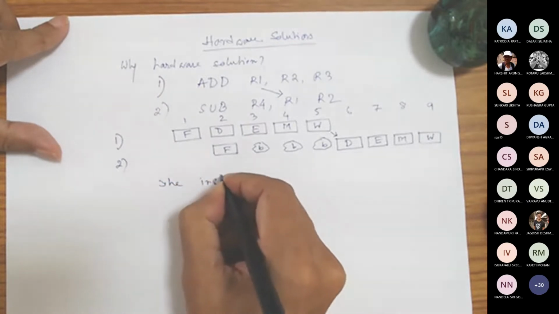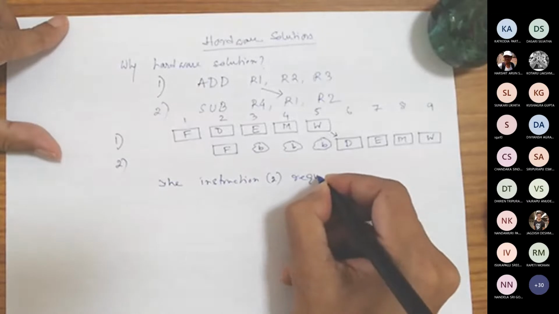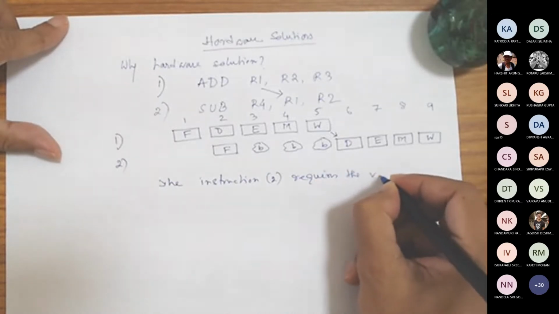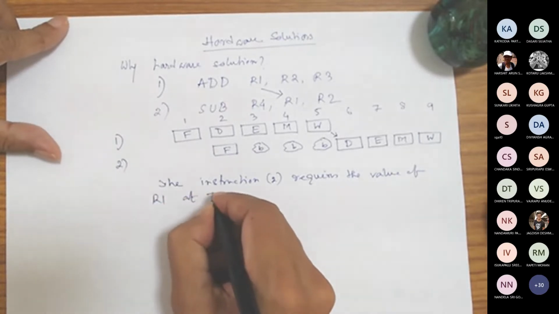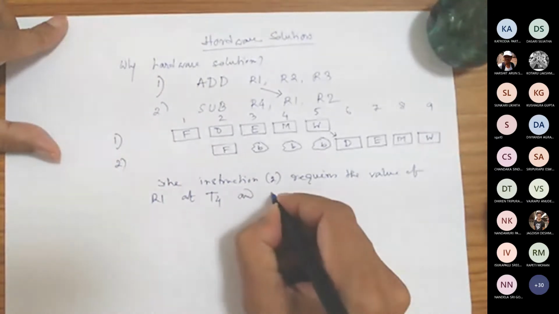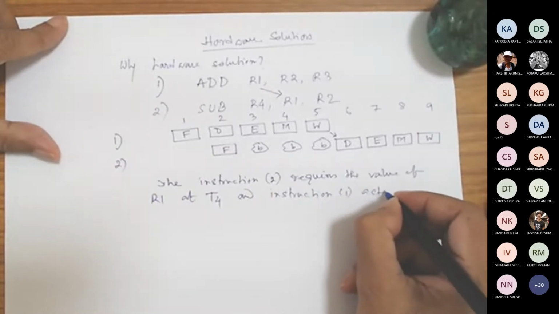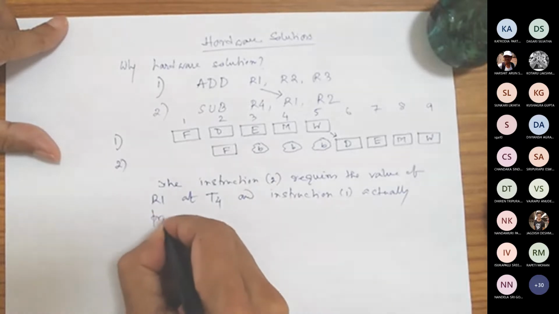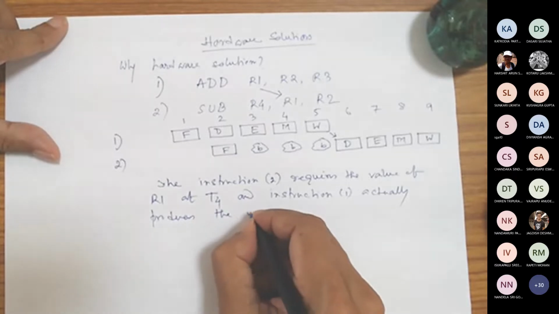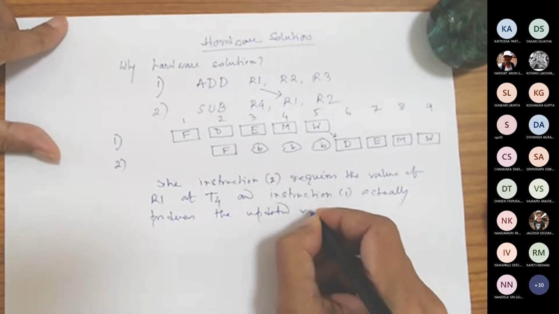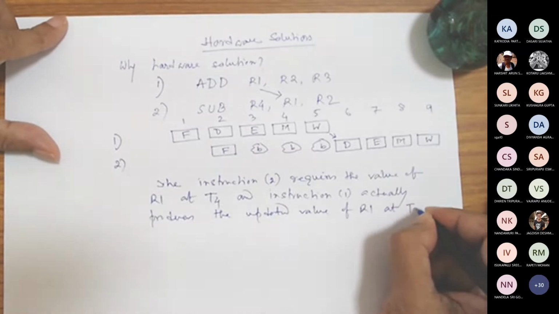So instruction 2 requires the value of R1 at T4, and instruction 1 actually produces the updated value of R1 at T3.